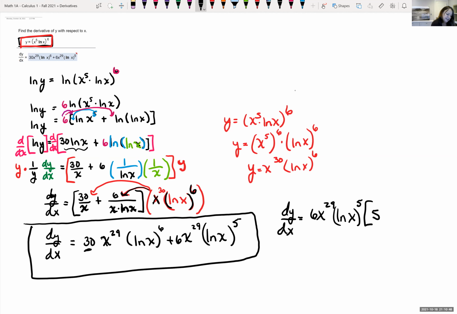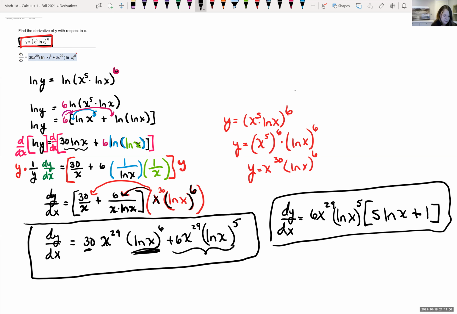I don't have any more x's because I pulled out the 29, but I pulled out 5 of the natural log of x's. So I'd be left with 1 there. Plus, I basically pulled everything out here, so I'm just left with a 1. That's even more simplified. And then that could also help us solve for when that equals 0. Okay, so either way, but the way that they had it here, you can see is the same thing I had first before I factored it out.